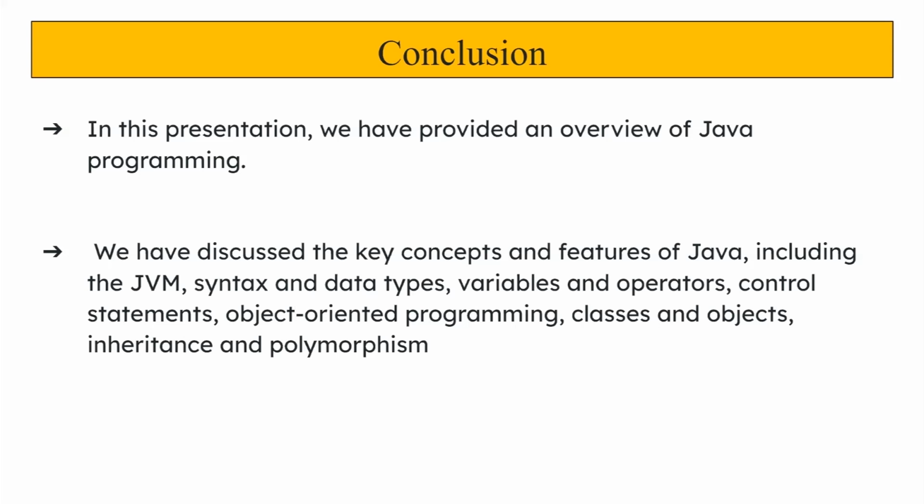Also the different kinds of variables like local, static, and instance variables, and the different kinds of operators: arithmetic, logical, bitwise, and ternary operators. Then control statements, also called control structures, where we discuss decision-making statements, jumping statements, and looping statements. We'll also discuss what classes and objects are.